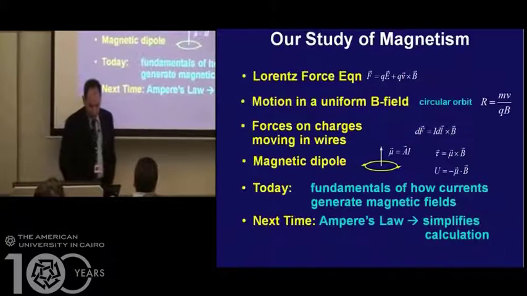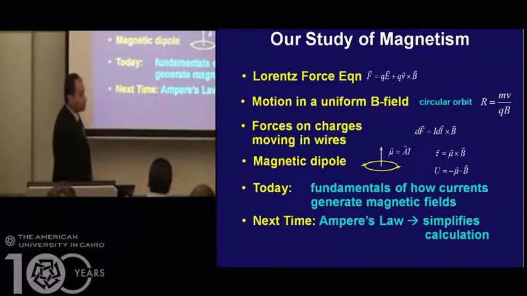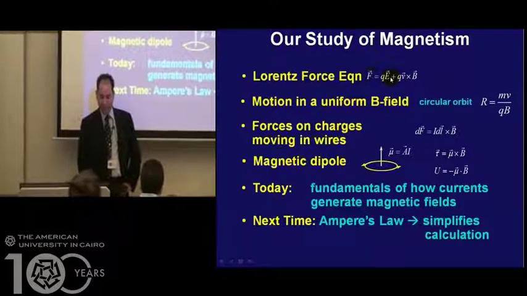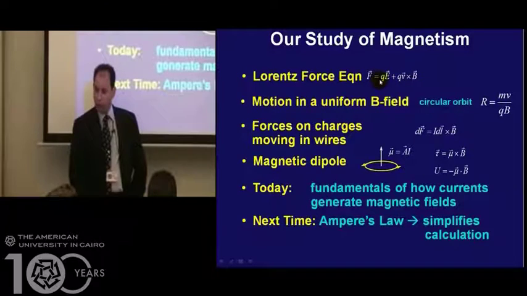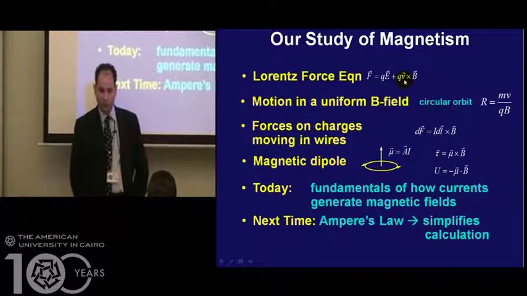So, what did we study so far in magnetism? We studied the Lorentz law that says that if you have an electric field and a magnetic field, then the force acting on a charged particle is equal to the charge times the electric field plus the charge times the velocity of that charge cross the magnetic field.